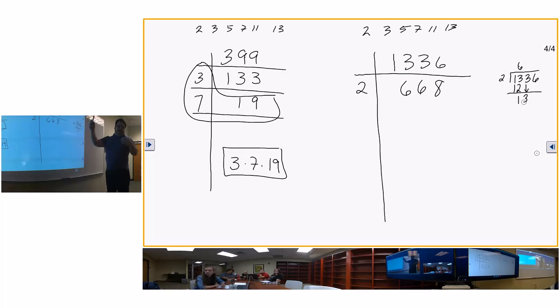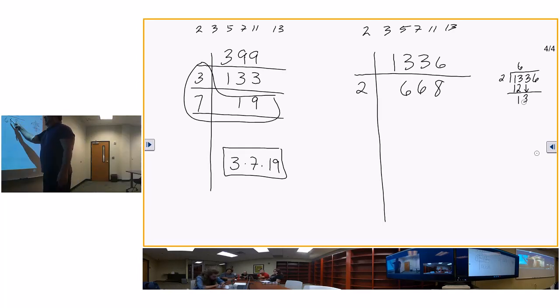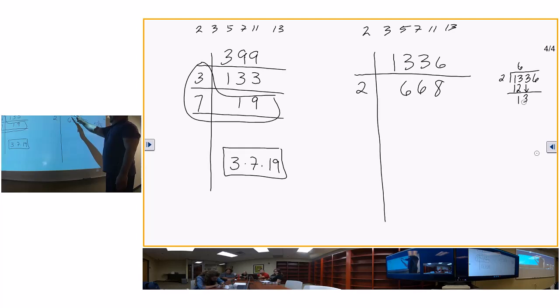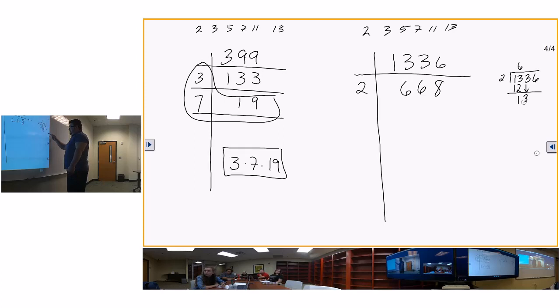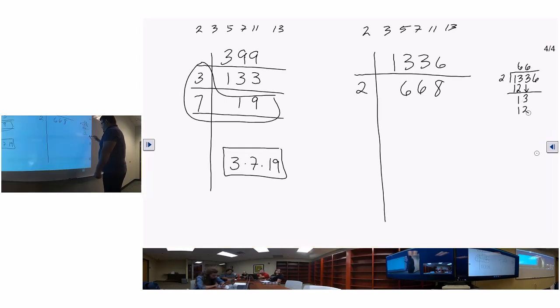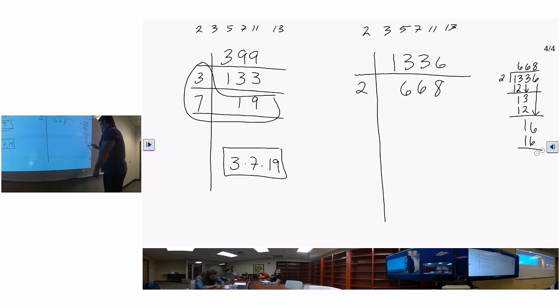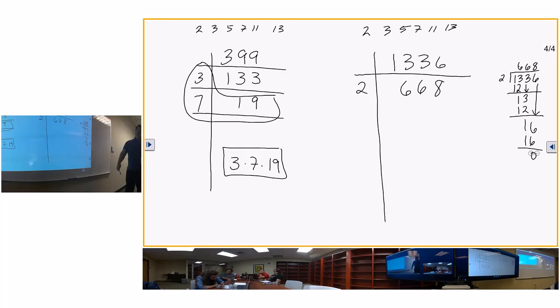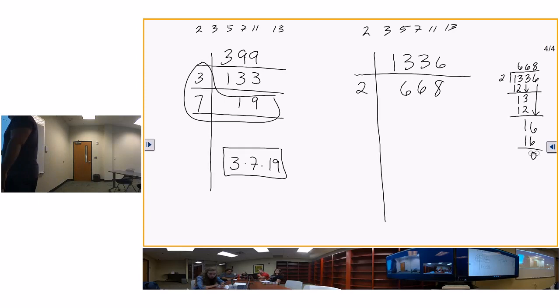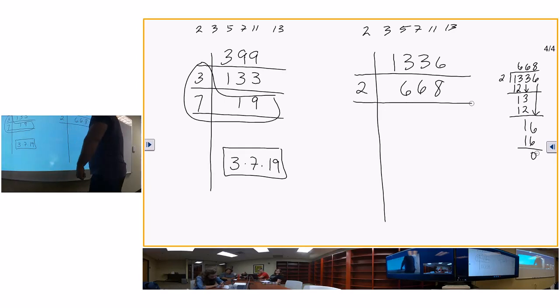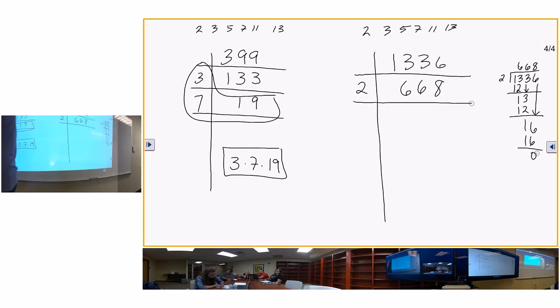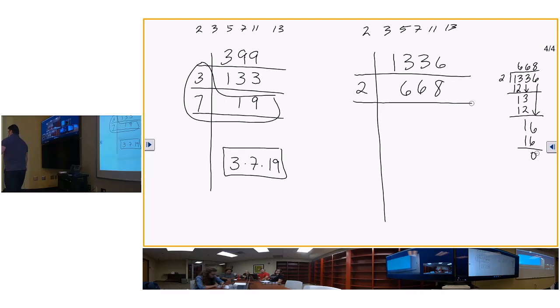I'm just doing it in my head right here, but if you need to, go over to the side and do it. 2 will go into 13 6 times, and then 2 will go into 16 8 times. Okay, now 668, is that even or odd? It's even. So now you can divide 2 into 668.